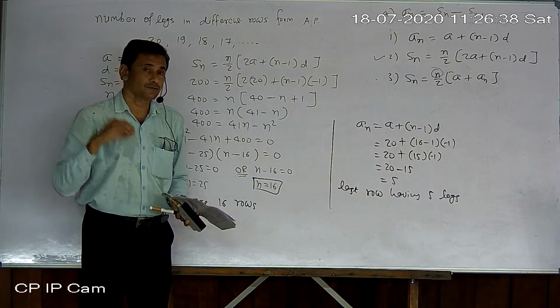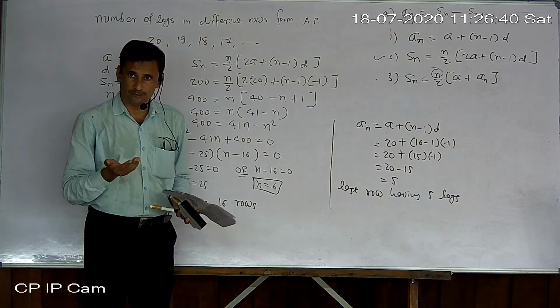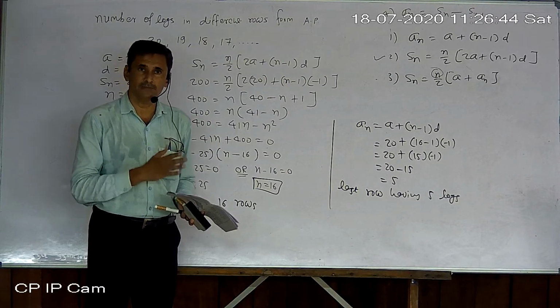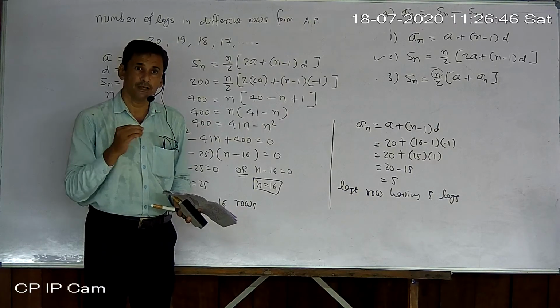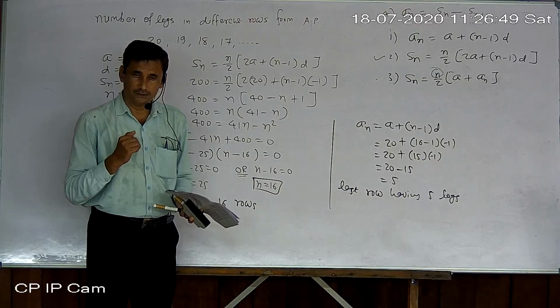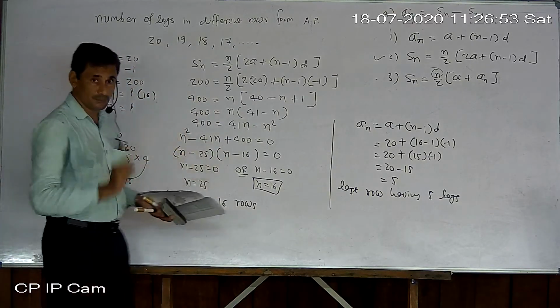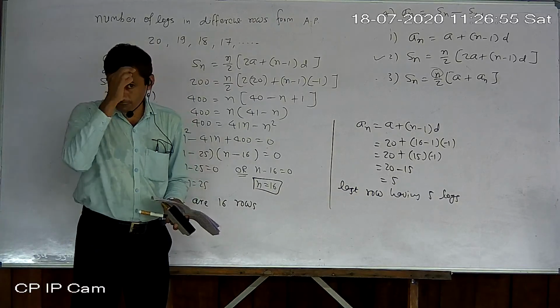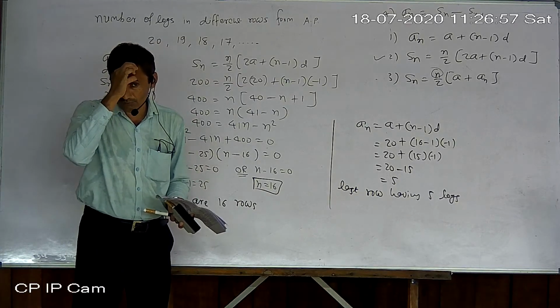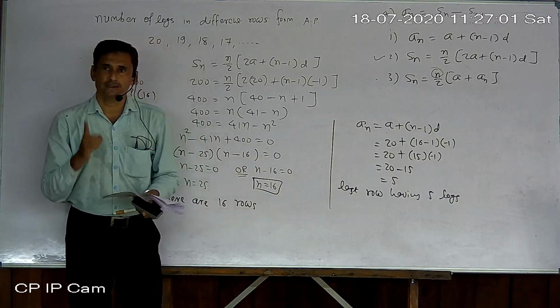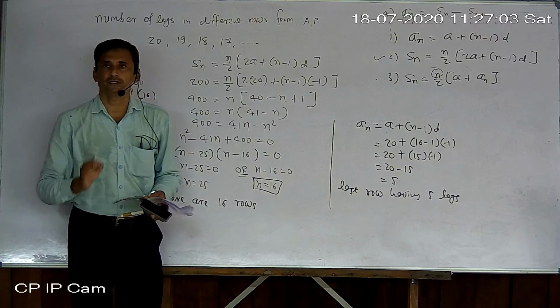So first of all we have to understand what the problem is, how to analyze it. After analyzing that problem, we apply our knowledge, get the answer accordingly and give the answer in statement form. When it is a word problem, a verbal sum, you have to give your answer always in a statement.